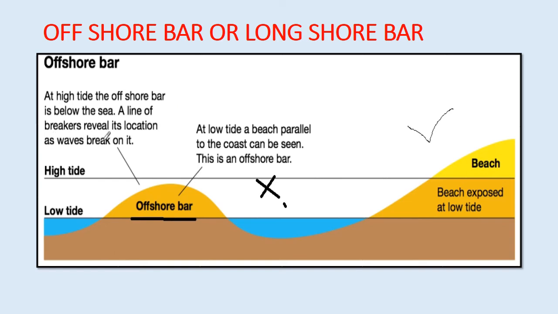The line of breakers reveals its location as the waves break on it. During low tide, we can see the offshore bar. It is towards the ocean surface and it is not visible throughout the day. Only during low tide can we observe it. It is parallel to the shoreline but not attached to the shore.